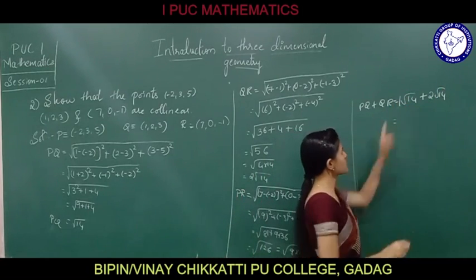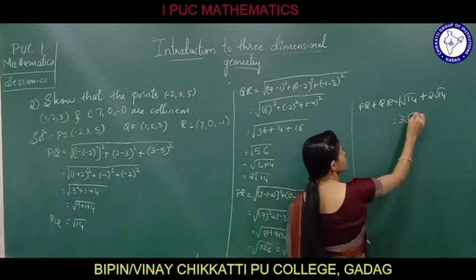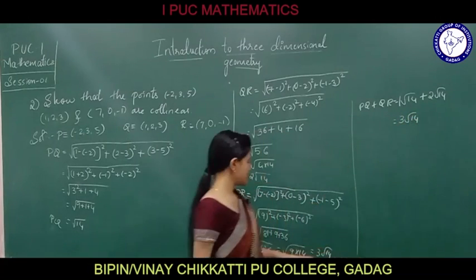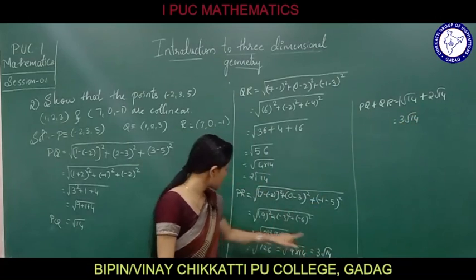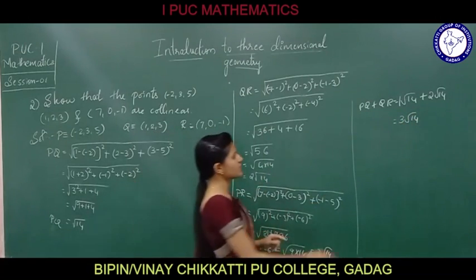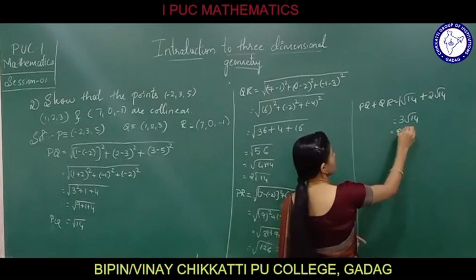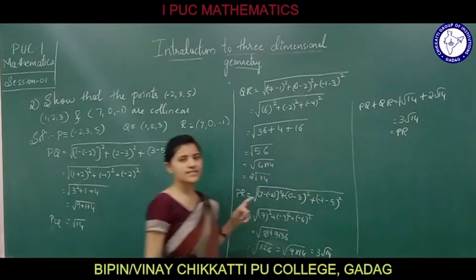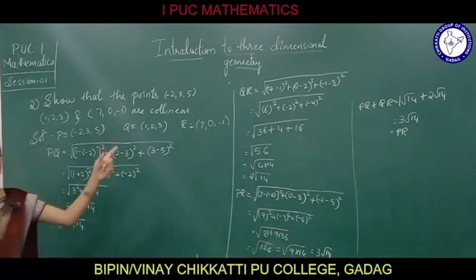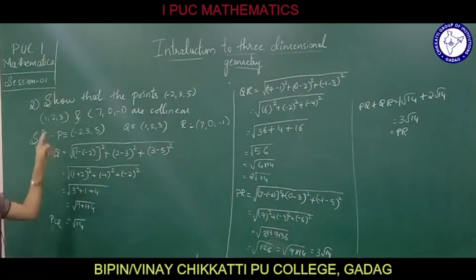That's why 1 plus 2 is going to be 3 root 14. See, the value 3 root 14 is equal to PR. That is why we can write PQ plus QR equals PR. Hence all these 3 points are collinear. Hence we proved that these points are collinear.